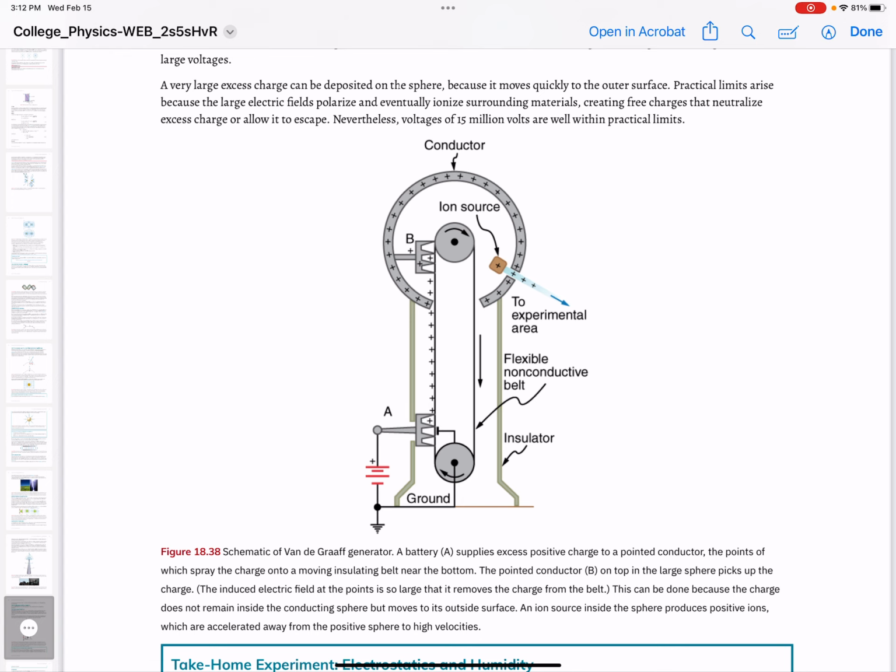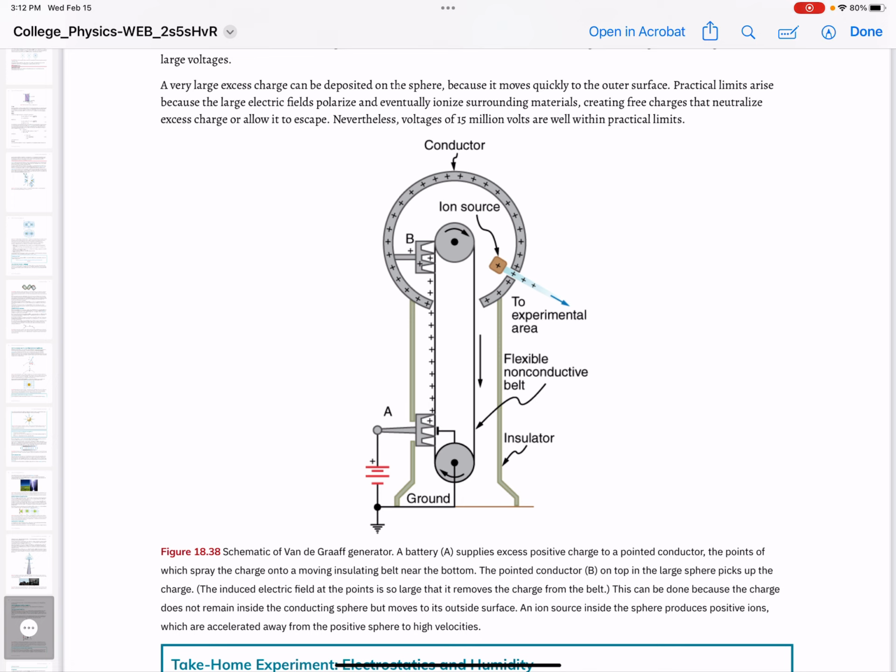There's one at the University of Virginia where I went to school for a little bit, about 12, maybe 15 feet tall to the top of the conductor, with a great big ball on top, maybe 6 feet in diameter.